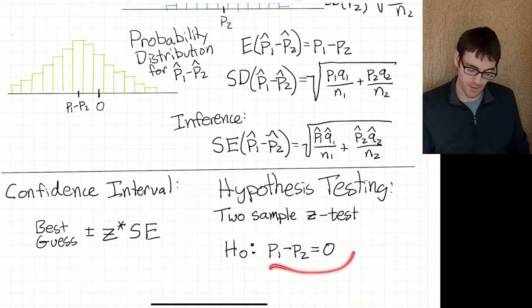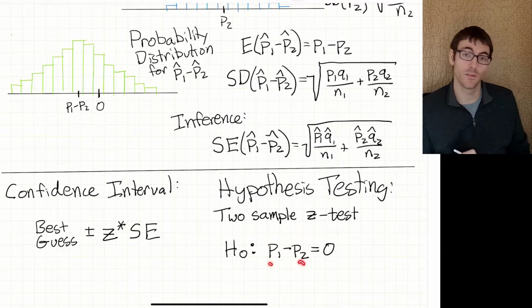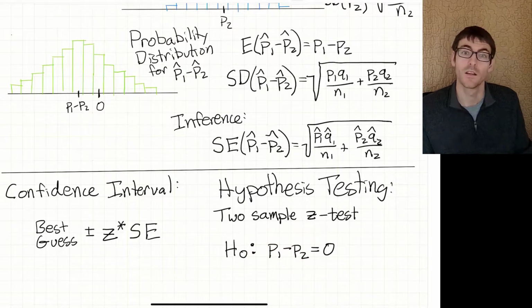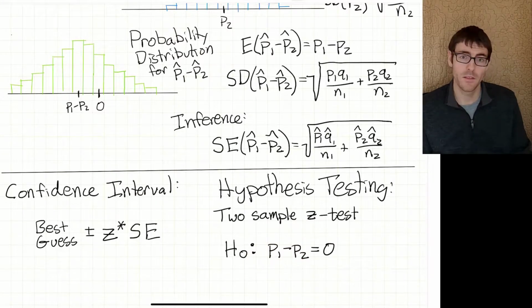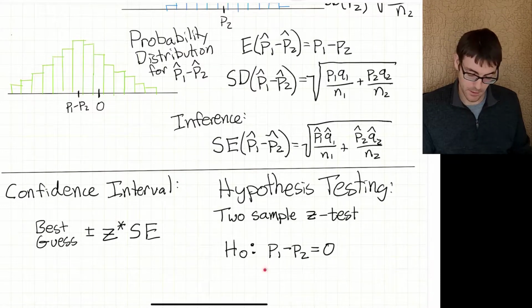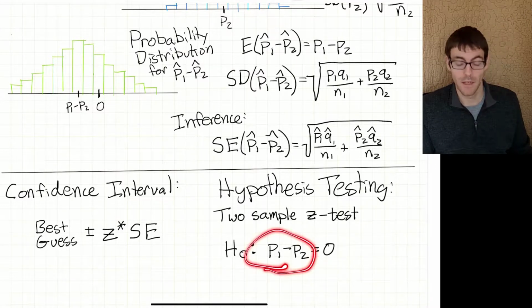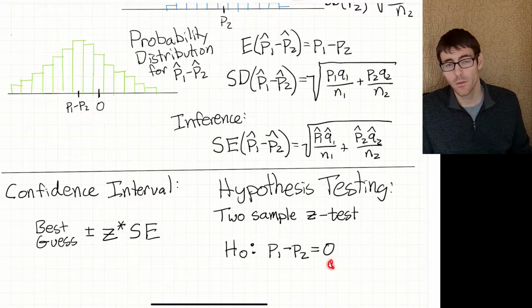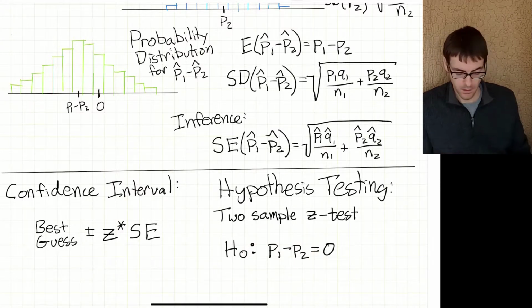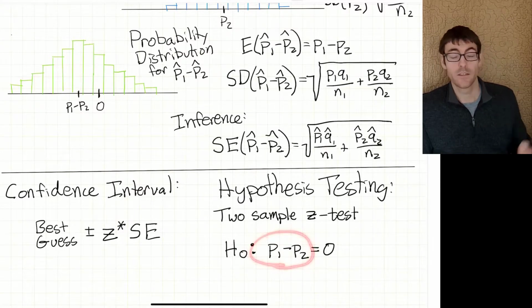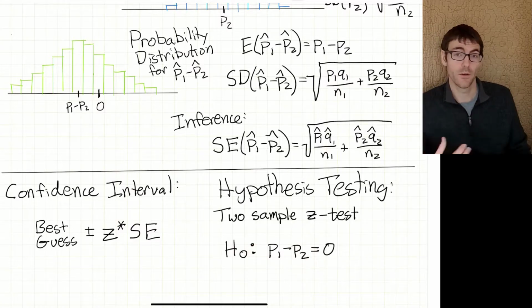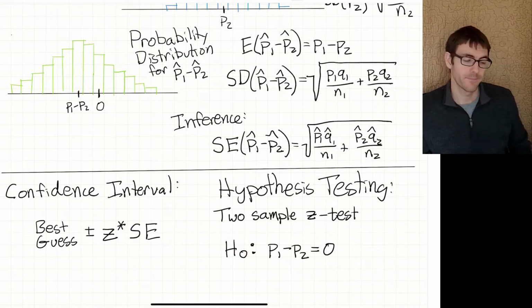This is just a fancy way of writing P1 equals P2. Like before, our alternate hypothesis is either going to be that this quantity P1 minus P2 is not equal to 0 if it's a two-sided test, or it's going to be that this quantity is greater than or less than 0 if it's a one-sided test.